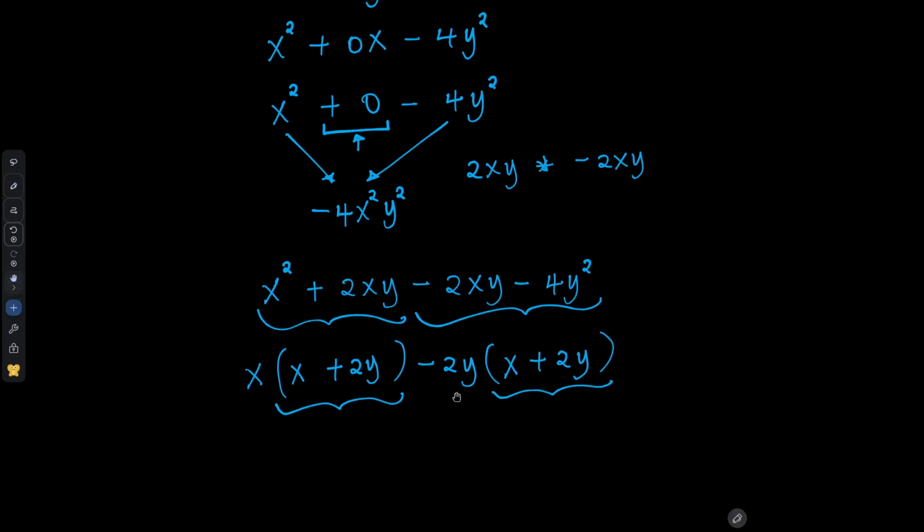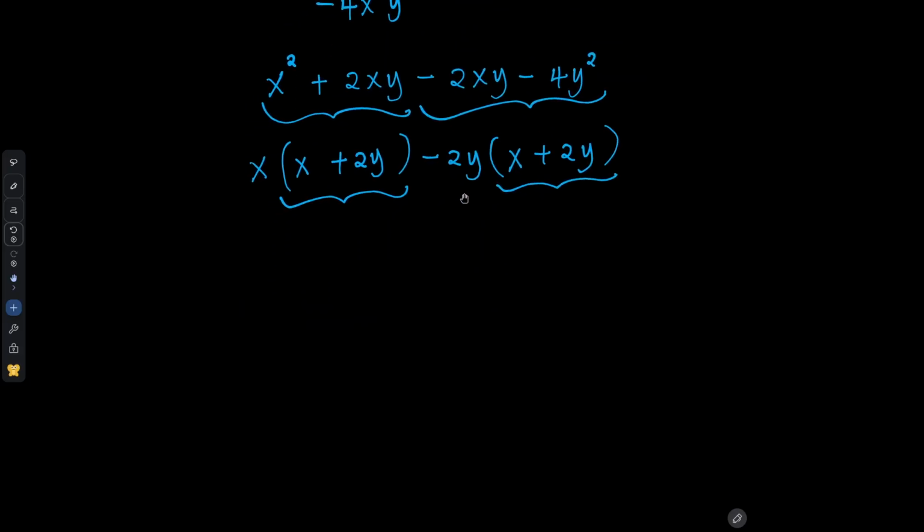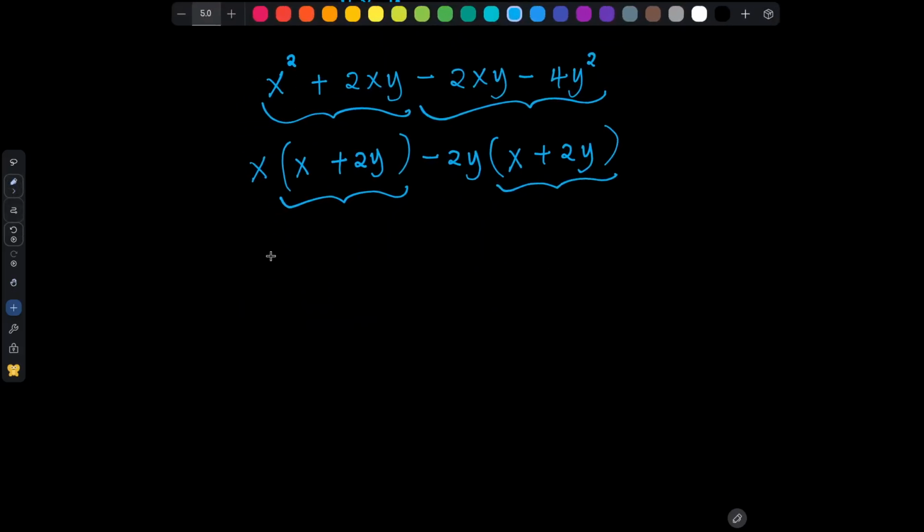So let's factor out x plus 2y. The first expression, x times x plus 2y divided by x plus 2y, leaves us with x. The second expression, negative 2y times x plus 2y divided by x plus 2y, leaves us with minus 2y.